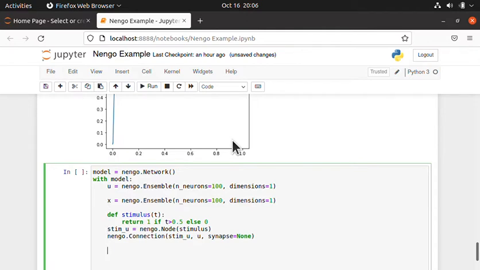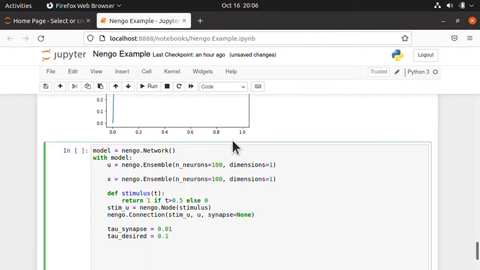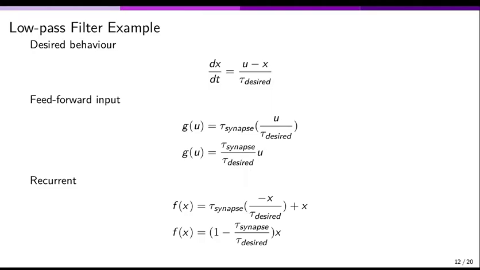All right, let's define some variables. So let's say I've got a synapse of 10 milliseconds, but my desired low-pass filter is 1 millisecond. My feed-forward function, that's a function of U. What is it?